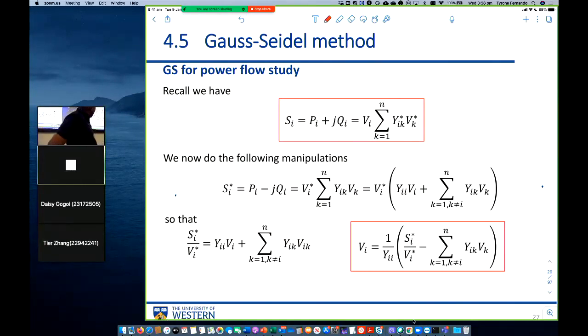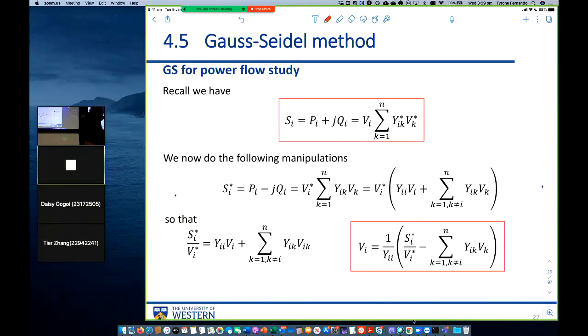Now if I take the conjugate on both sides, SI is PI plus JQI, and the conjugate of that is PI minus JQI. Then I need to take the conjugate on the right hand side, so VI becomes the conjugate of VI and the conjugates become the normal variables, because if you take the conjugate twice you go back to what it was originally. So we have that equation, and we can expand this out, right?